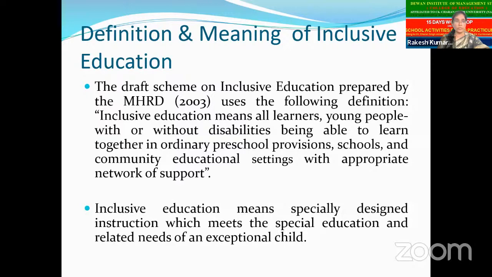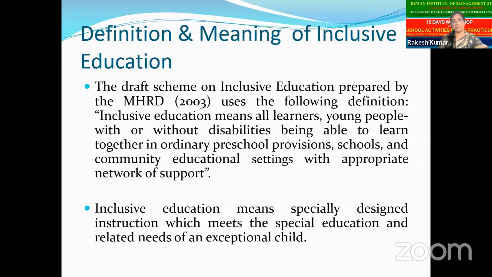We can include all children because of their diverse groupings in multicultural, multilinguistic, and many religions. The Indian Constitution clearly states that all individuals, irrespective of caste, class, gender, are valued members of society. So when all children, regardless of their differences, are educated together, everyone can benefit.